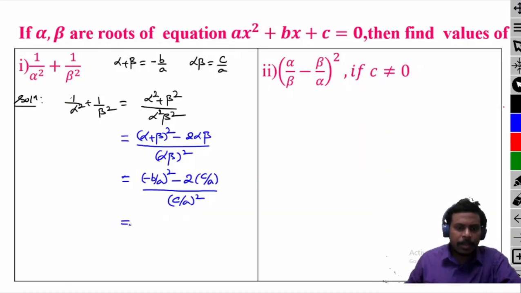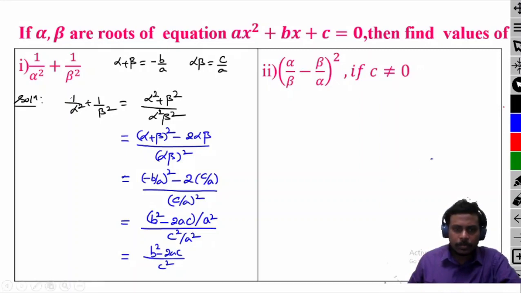Now if I rewrite this, then we have b square minus 2ac whole divided by a square, divided by c square by a square. Now the final answer is going to be b square minus 2ac divided by c square.